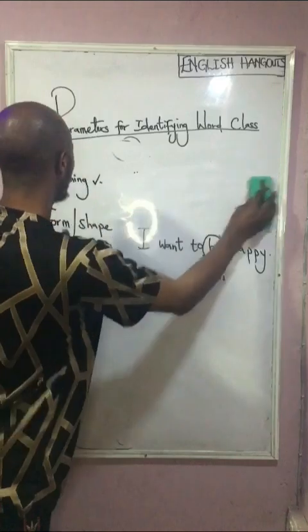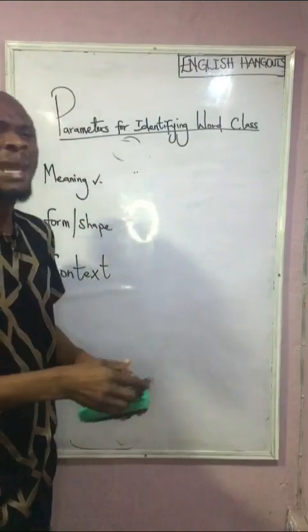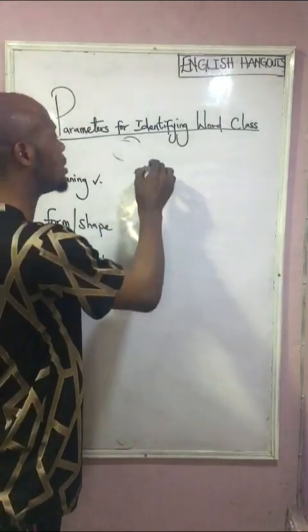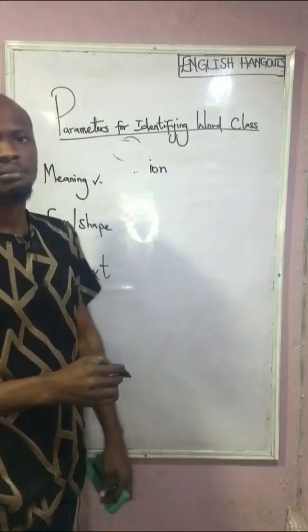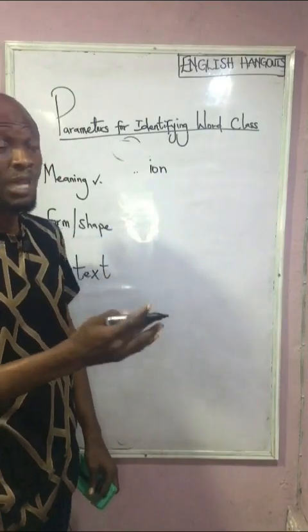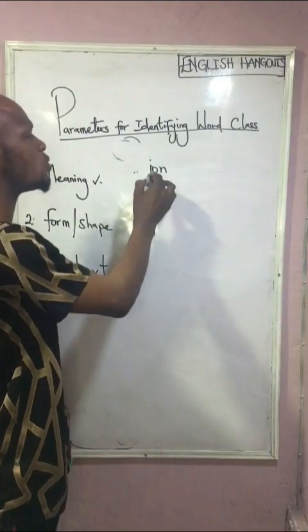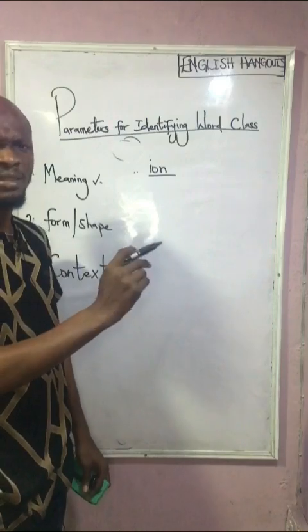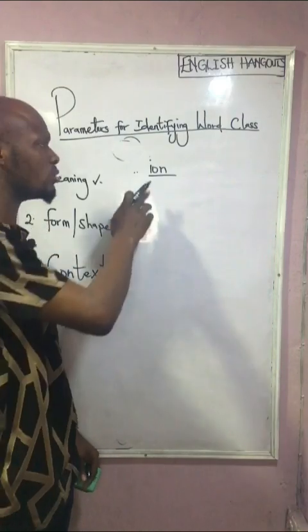Number 2, which is shape. Many nouns end with ion. So if you come across a word with ion, you can easily detect that, okay, this is a noun.